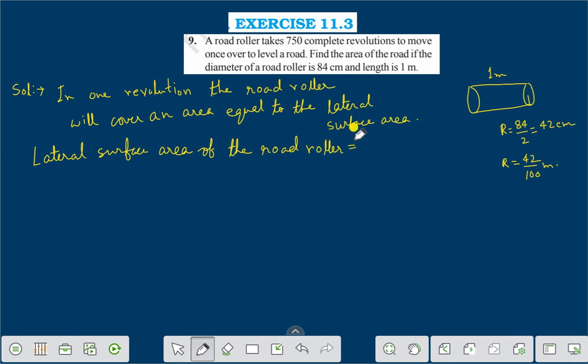The lateral surface area of the road roller is equal to 2 pi r into h. Therefore, we are getting 2, value of pi is 22 by 7, and radius is 42 by 100. Height, that means this one, is 1 meter. This is the total lateral surface of the road roller.